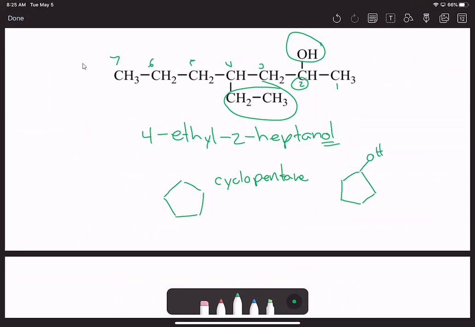Here, if we have heptane up here, we drop the E and we put heptanol. So we go from heptane to heptanol. Cyclopentane, we're simply going to drop the E again. I've dropped the E, and because of this alcohol here, I'm going to put OL. So this becomes cyclopentanol.